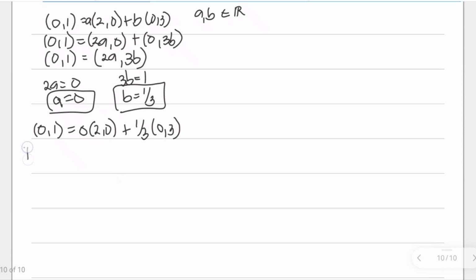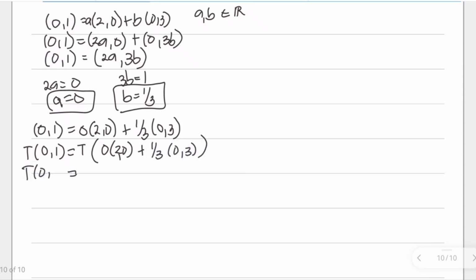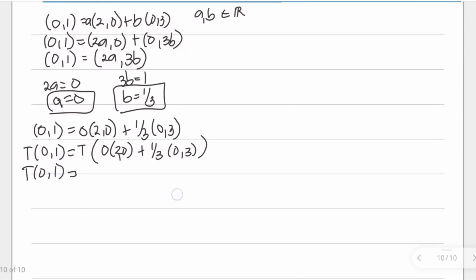So let's take the linear transformation now. Again, the linear transformation of the entire 0 (2, 0) plus 1/3 (0, 3). Applying the first condition for linear transformation, you have this.